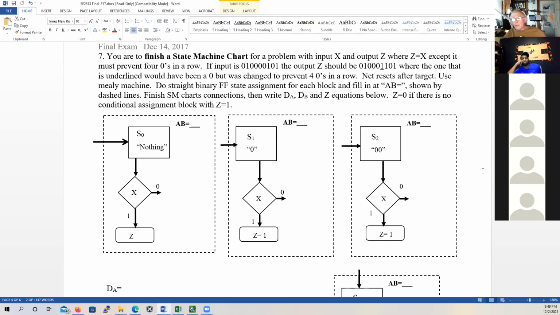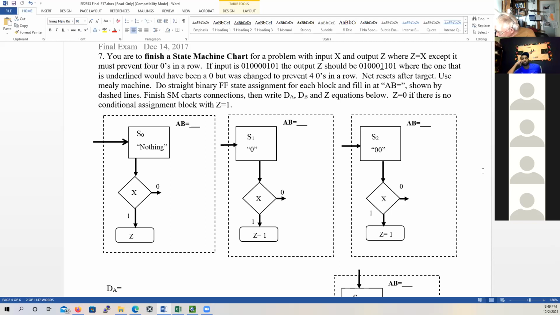So it's a little bit different. In this case, Z is the same as X, except if there are 4 zeros in a row, whereas on the other problem, Z was always equal to 0 unless we had a target of 4 zeros.